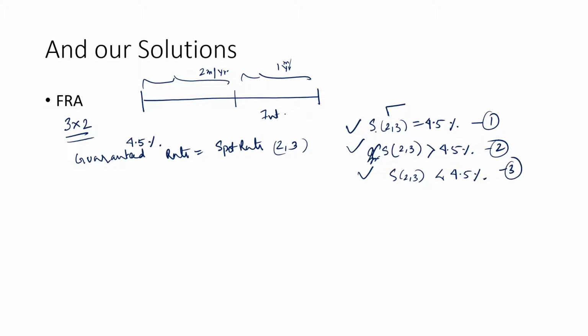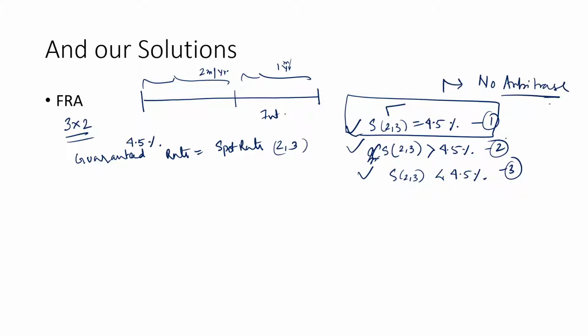Typically, the first arrangement will not lead to any arbitrage profit, but the possibility for alternate 2 and alternate 3 will definitely bring in some arbitrage profit potential. So we will study that a little bit more.